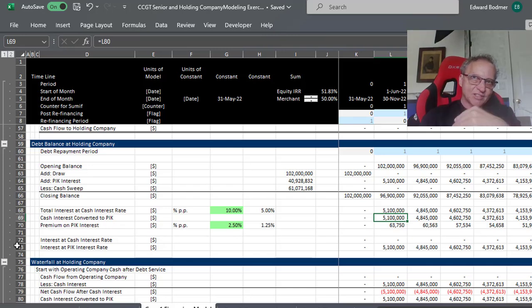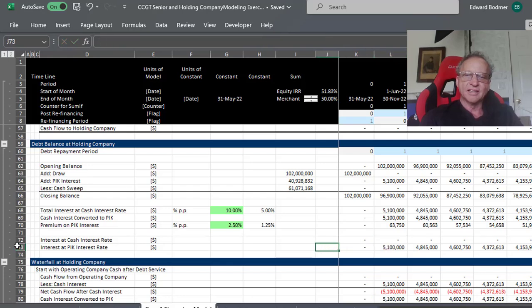If the cash sweep is 100%, we can't pay it. And if it cannot be paid, we have to pay an extra 2.5% on the interest. So this payment in kind becomes here. And so you finally can compute, is it payment in kind or is it cash?